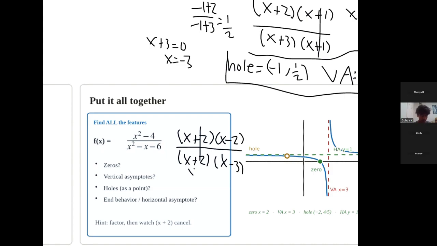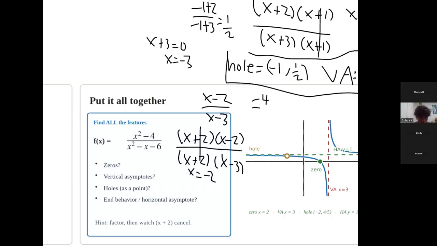So first thing let's do is find where that hole is. So let's plug in, what we have left is x minus 2 over x minus 3. So x equals -2. So -2 minus 2 is -4. And -2 minus 3 is -5.